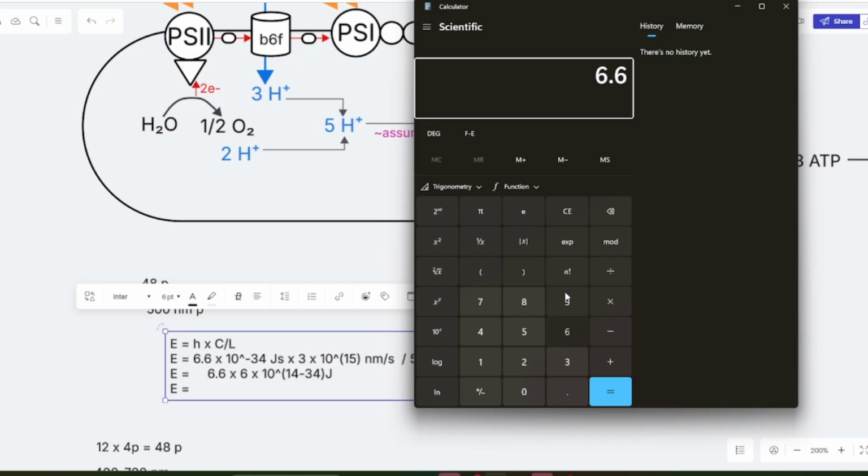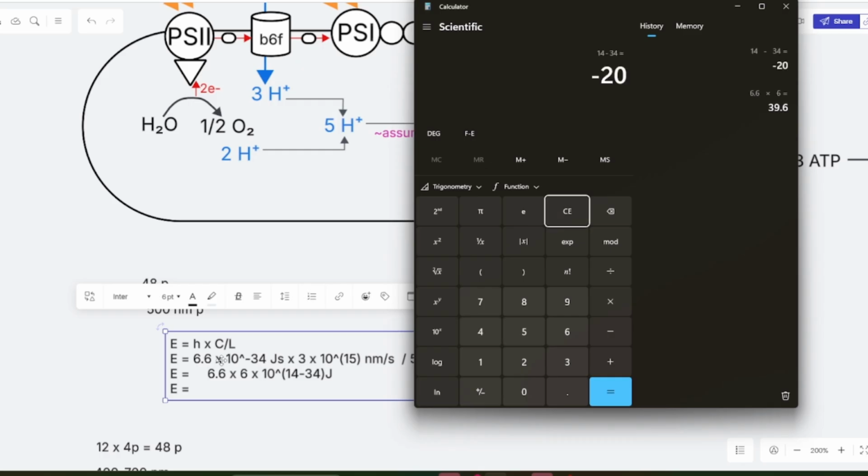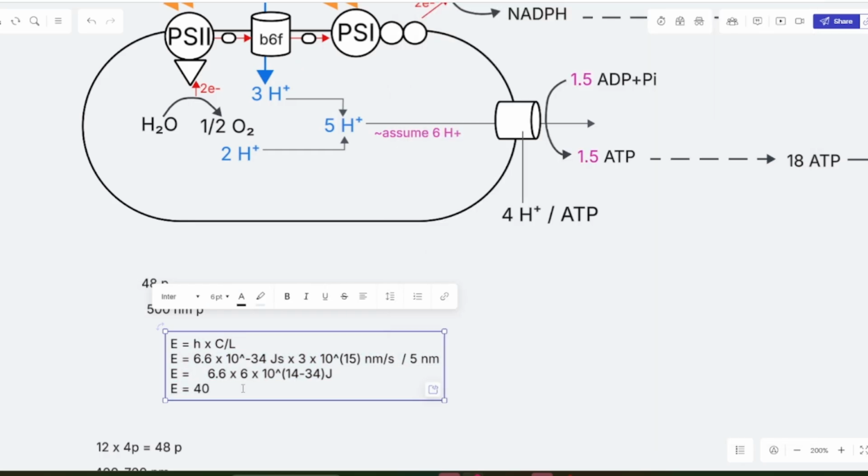So 6.6 times 6, we'll call that 40, and then we've got 14 minus 34, which is minus 20, so we've got 40 times 10 to the minus 20 joules per photon, right? This is per 500 nanometer photon. Okay, so now we know the energy per photon, and we need to figure out how much energy is there in those 48 photons. So let's do energy total is equal to this number times 48. So 48 times this number.